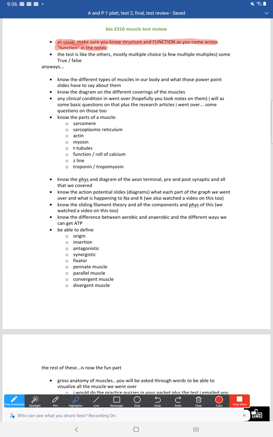In fact, in the future, when you start doing clinicals, you'll be able to help your patients better if you understand the structure and the function.